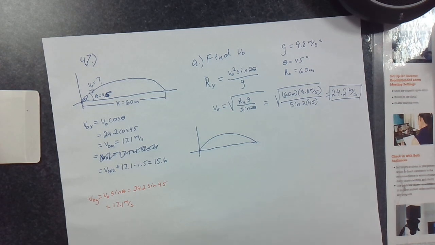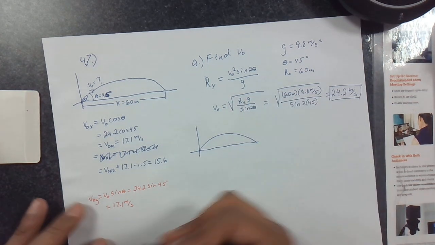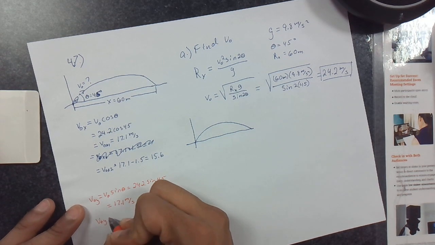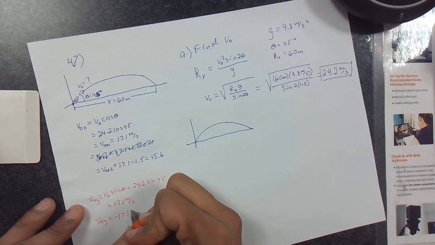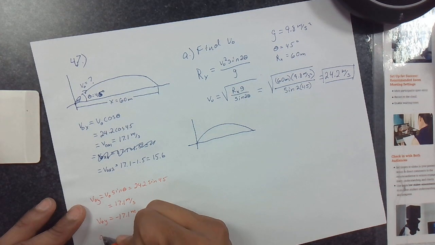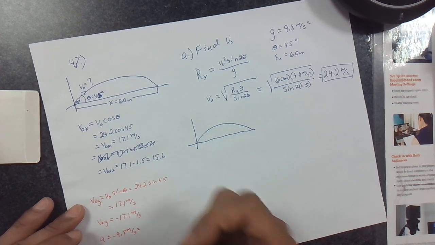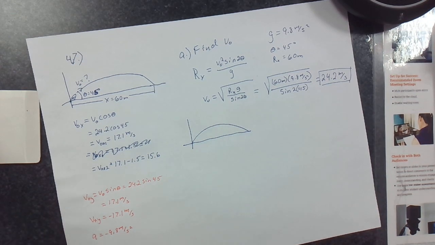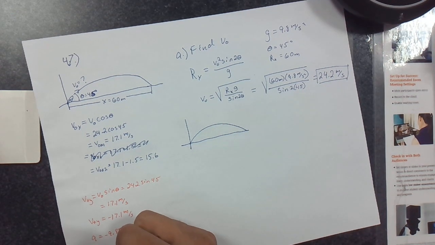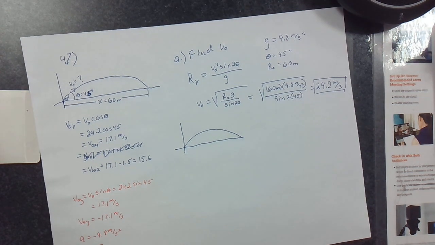When it's coming down, our VFY will be equal to negative 17.1 meters per second. Our acceleration is negative 9.8 meters per second squared, and our change in Y is 0, because it ends up at the same height. What we don't know between the two is time.